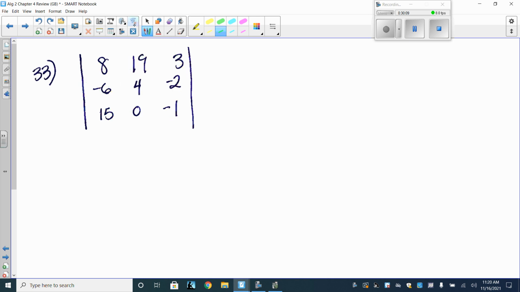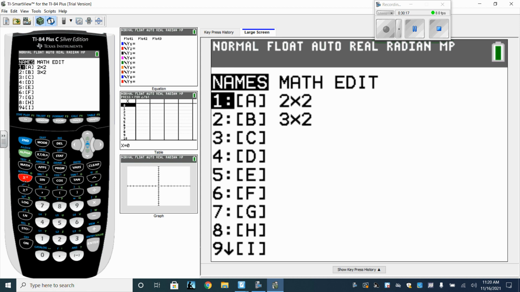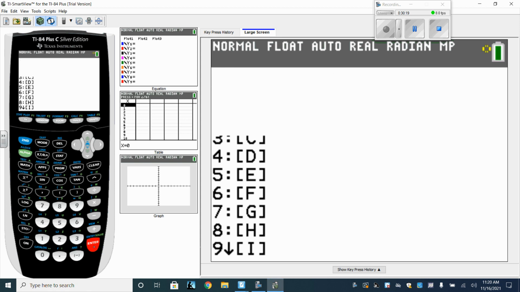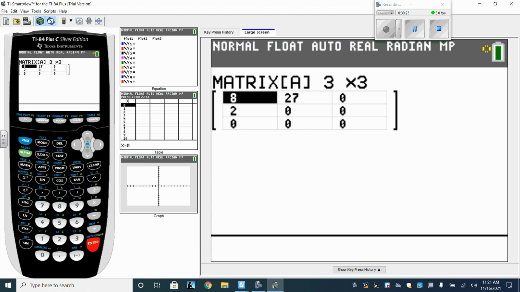But guys, what's an easier way to do it? Calculator. The graphing calculator, because what we can do in here is go second matrix, over to edit. This will be a 3 by 3, and we can plug the numbers in. So we're looking at 33. It'd be 8, 19, 3.